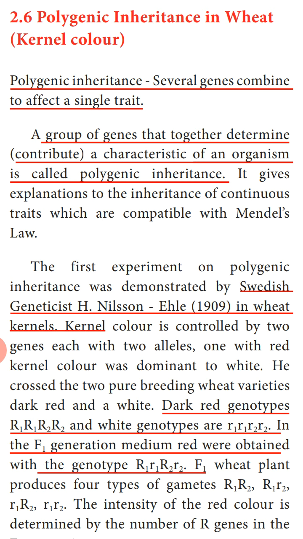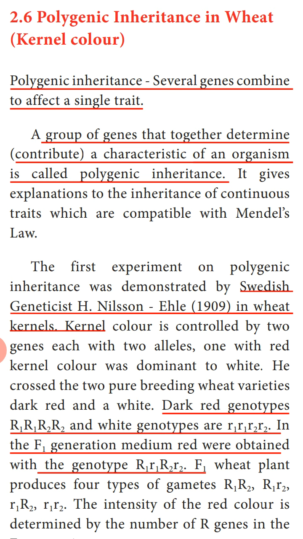Dark red genotype, as we have studied, each gene has 2 alleles. So the dark red genotype had the alleles capital R1 R1, capital R2 R2, and the white genotype, as we studied, is the recessive character, so it is represented by small r1 r1, small r2 r2.